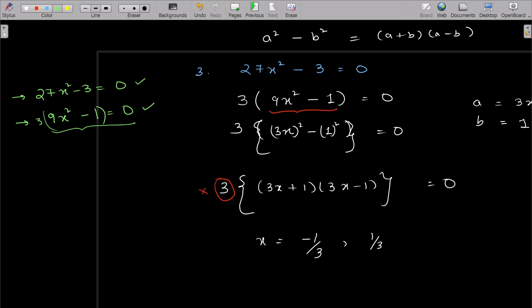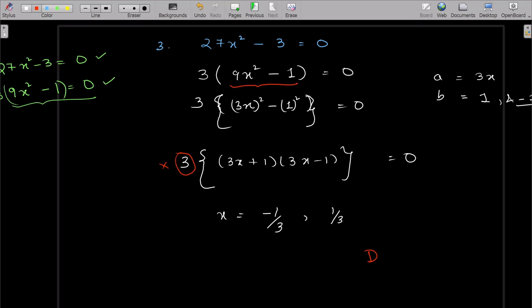And here, if we talk about the discriminant, what will be the discriminant in this case?